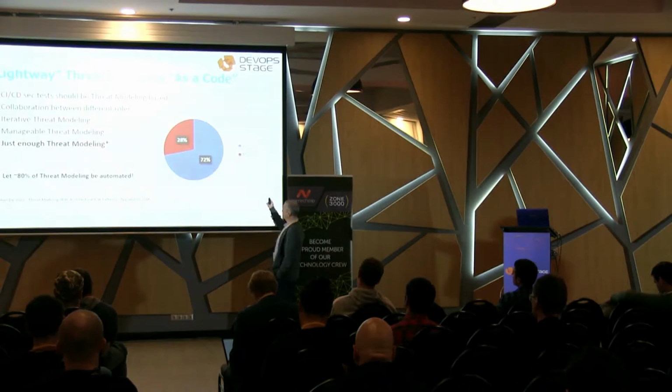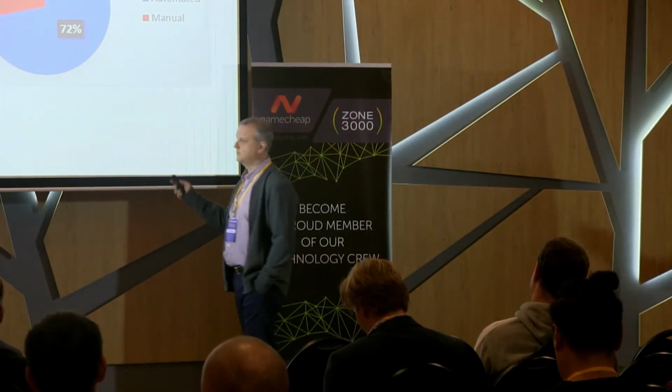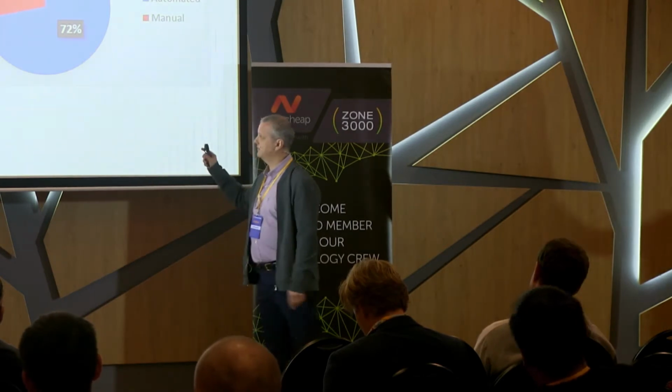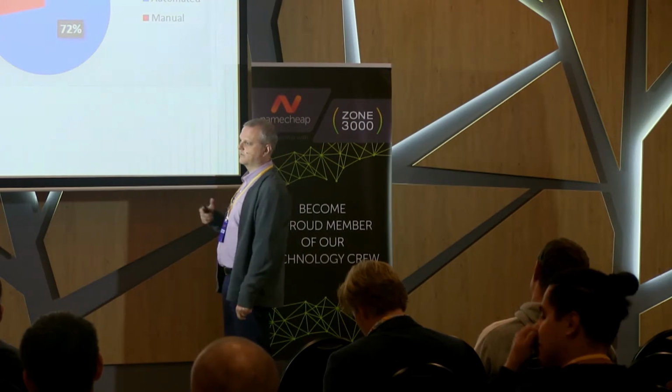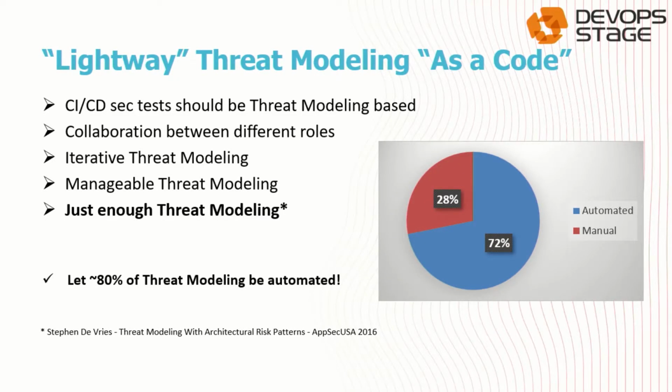We call it automation of the easy stuff, yes? And we want to move this easy part to the developers, because we still need someone to answer design questions and create the diagrams. So it's a semi-automated process. We call it lightweight threat modeling.